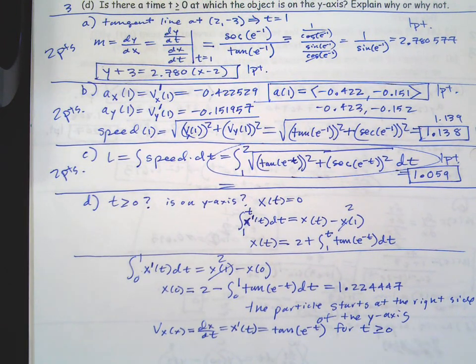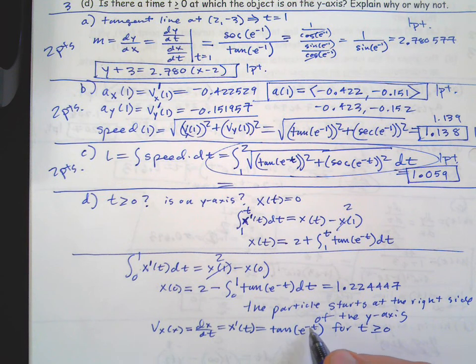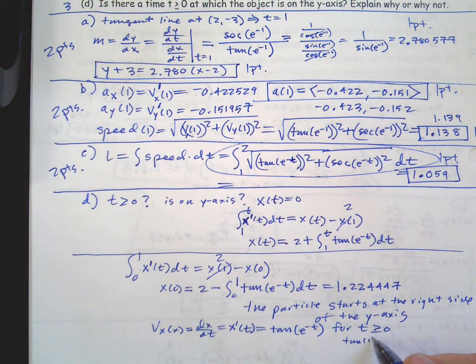Is it consistently positive? It'd be kind of like a line check. And here's the deal: as you plug bigger and bigger positive numbers in here, this is going to keep getting smaller and smaller. At 0, it's going to be tangent of 1.